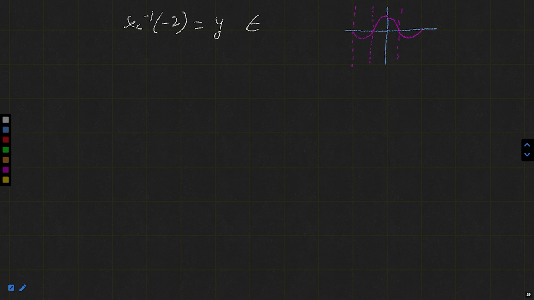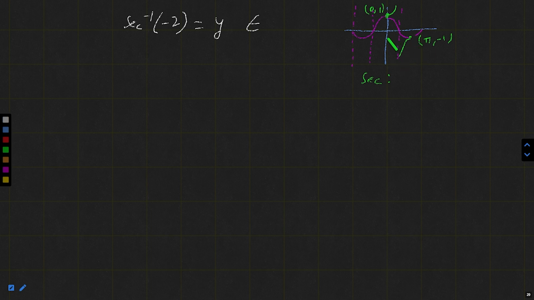Now, in order to get the inverse function, we need my sec function to be one-one and onto. So I will take this part of the graph and this part of the graph. This point is 0, 1. And if you see, this is pi, minus 1.